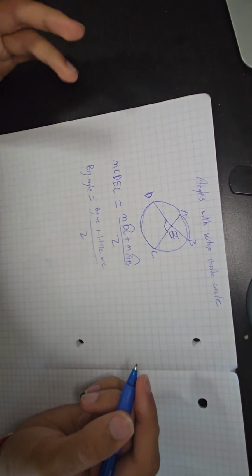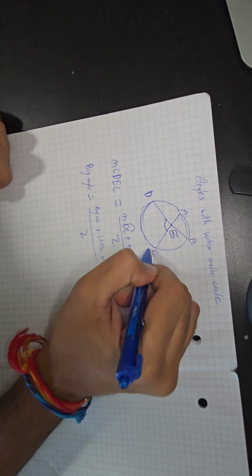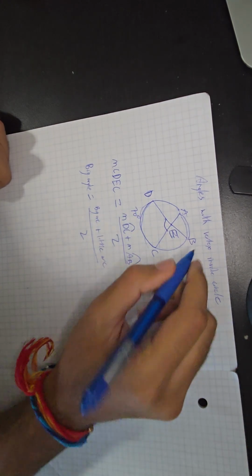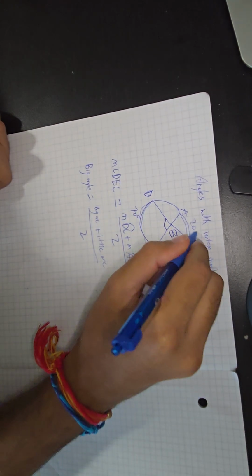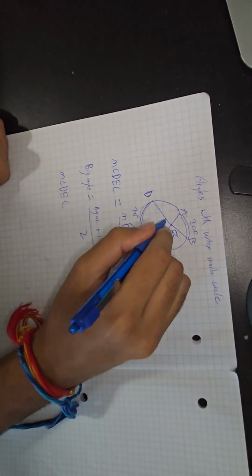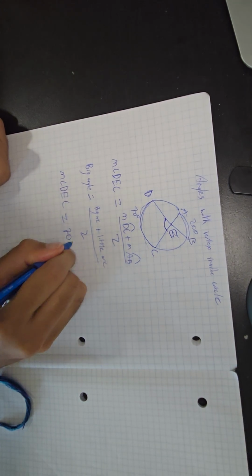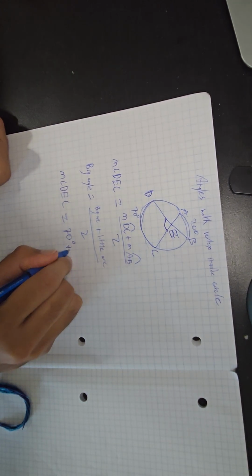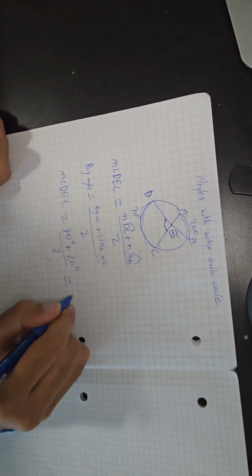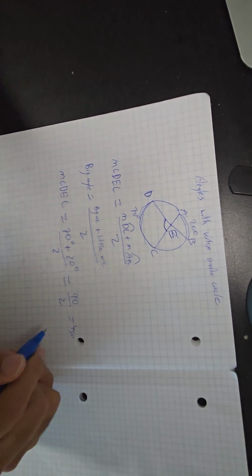For example, let's say this big arc is 70 degrees and the little arc is 20 degrees. If we're trying to find the angle DEC, which is this right here, we can just do 70, the big arc, plus 20 degrees, divided by 2, which is 90 divided by 2, which is 45 degrees.